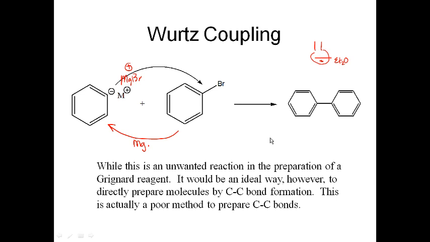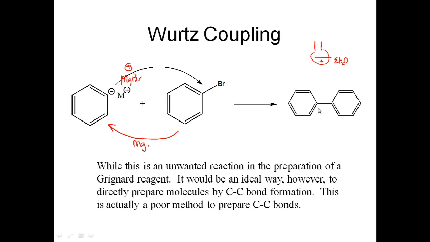But if you think about this, what did I say in the last lecture period? That if you came up with a reaction to form carbon-carbon bonds in the late 1800s to mid-1900s, you won the Nobel Prize. You might say, but wait, couldn't we use this Wurtz coupling reaction to form carbon-carbon bonds?